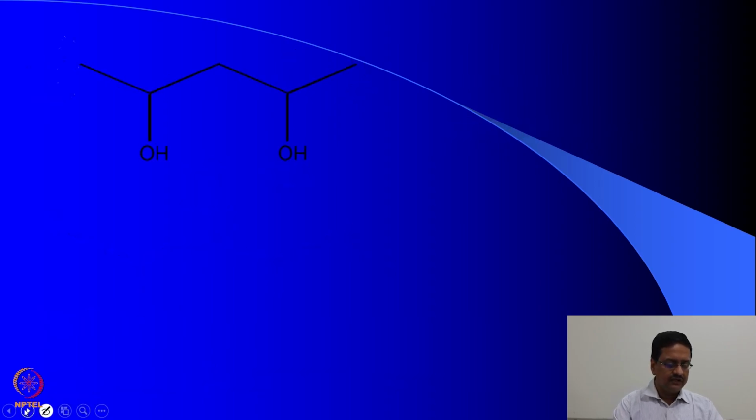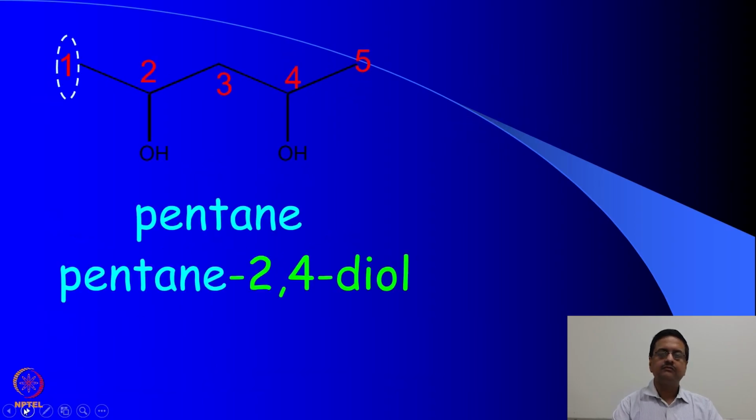There can be a molecule where you may have 2 OH groups. So, we should number the carbon chain in such a way that both the groups get the lowest numbers. In this particular case, from either side these numbers will be 2 and 4.